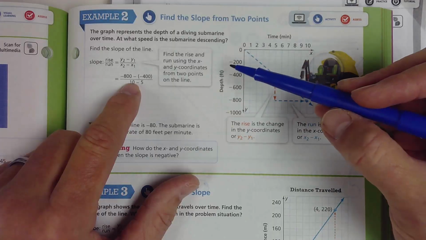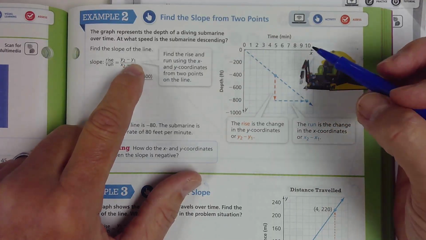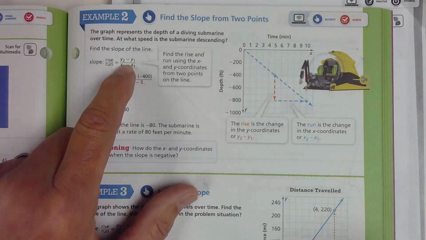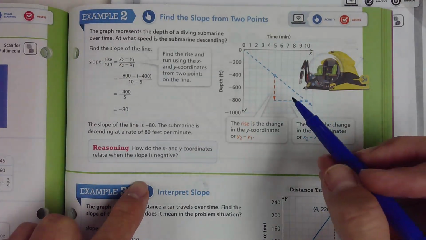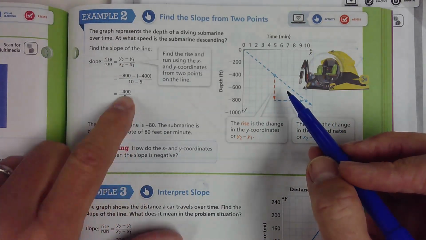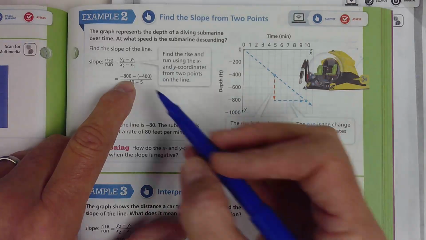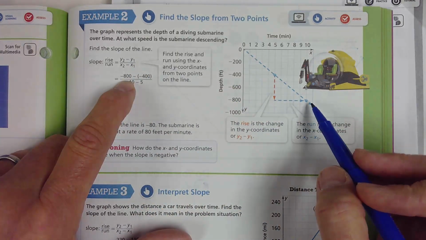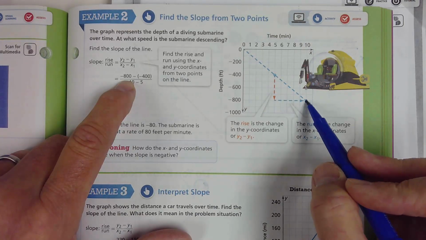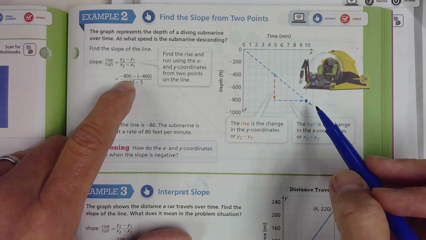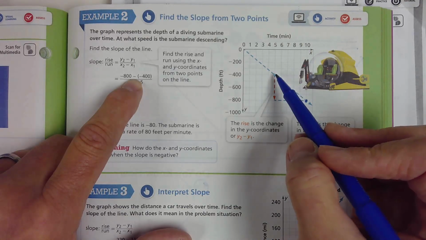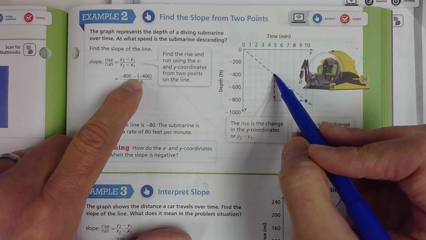So look at the y2 and the minus y1. So what's y2? They have these 2 points here. It looks like they're calling y2 a negative 800. It's going to be right there. Minus a negative 400.